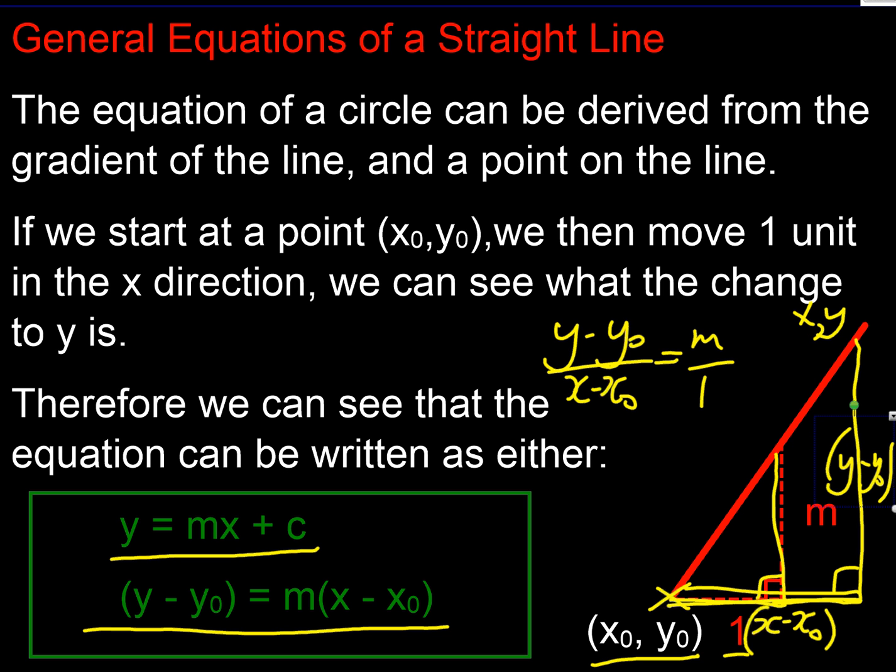If I reorganize that by multiplying by the denominator, I get this equation. If I take my change in x, multiply it by m, my gradient, I get my change in y. That's a fairly simple thing to do, isn't it?